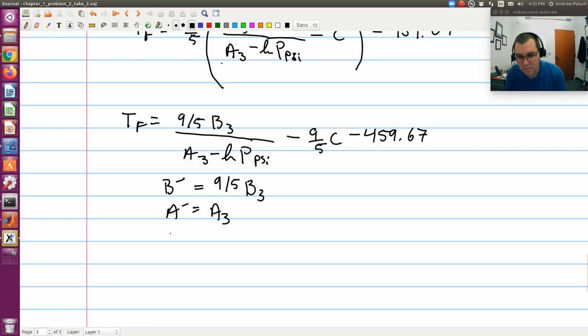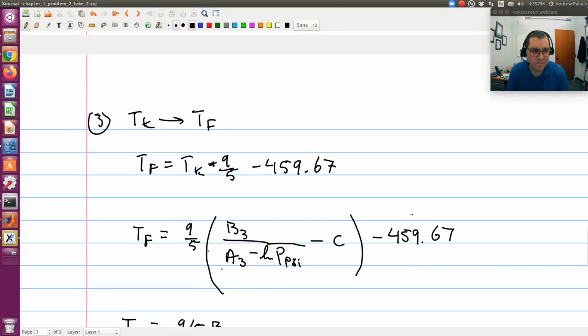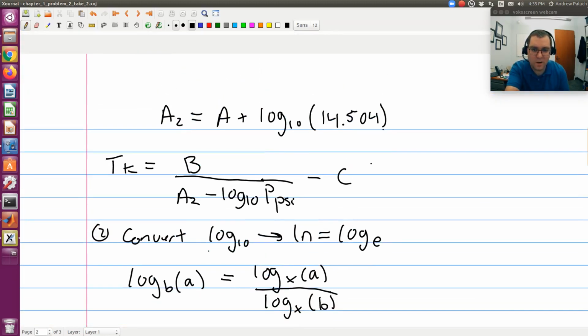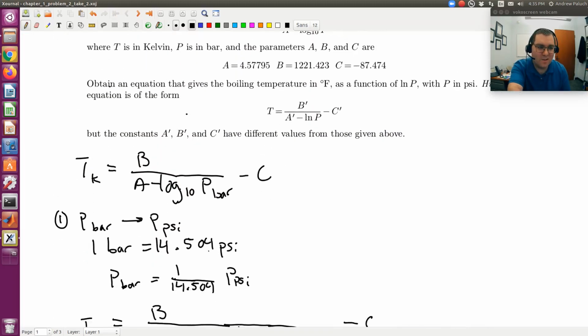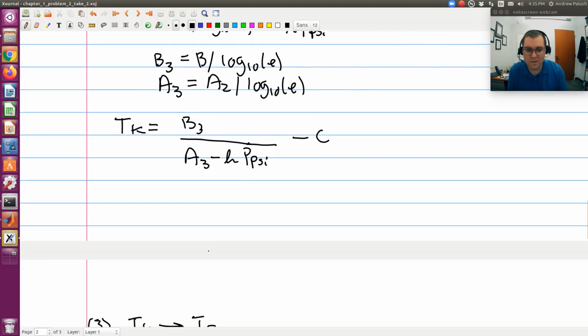Now C prime, what's C prime going to be equal to? What we need to remember is in the equation that we're told, all the way back up here, this term is minus C prime. So remember that it's minus C prime.